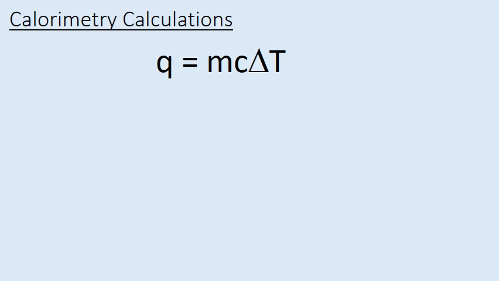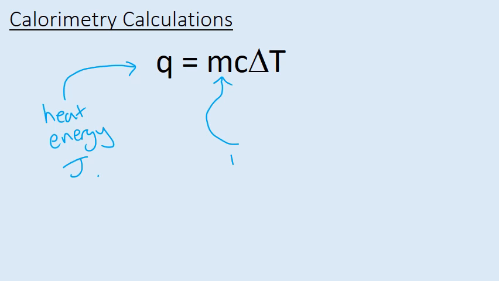So carrying out calculations then, hopefully you're familiar with this. We've got Q equals mc delta T, where Q is our heat energy, and this will be measured in joules. We've got m, which is the mass of the substance being heated, which in our case is water.